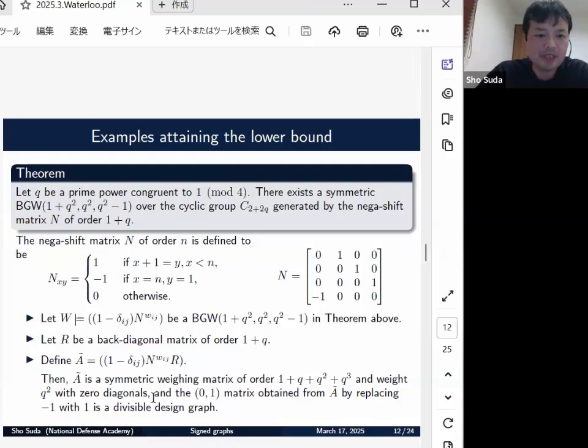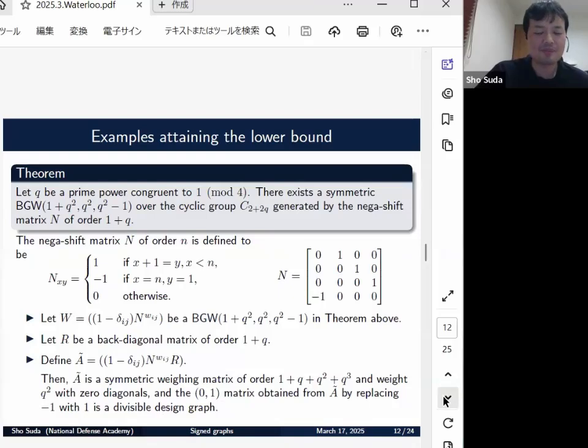And also, if we replace entries minus 1 with 1, this resulting 0, 1 matrix is the divisible design graph's adjacency matrix. So this is our construction for the symmetric rank matrix, whose absolute matrix becomes some nice graphs.